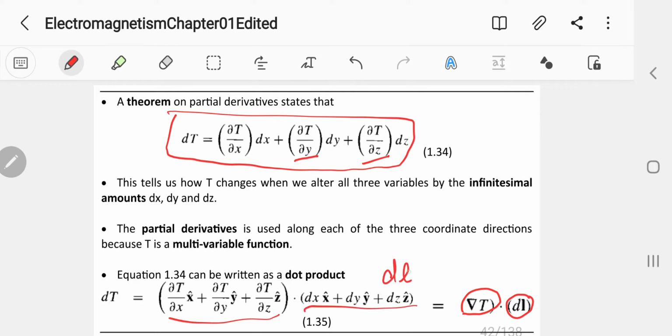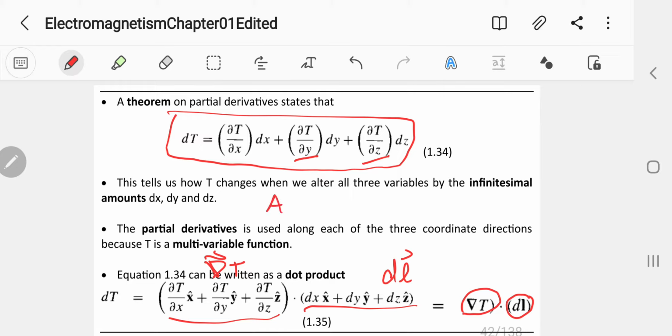So this is dl. It's a vector quantity because it has direction, and if you write that in your notebook, this is del with a vector notation above the del. That's del of T.